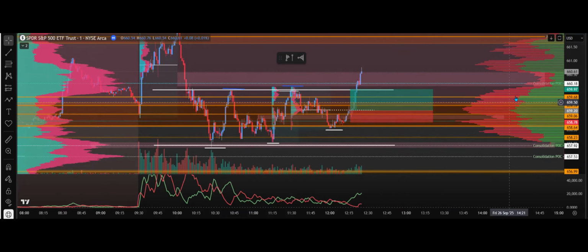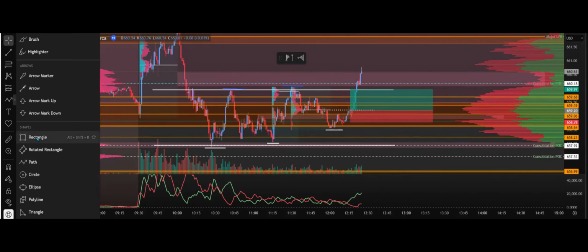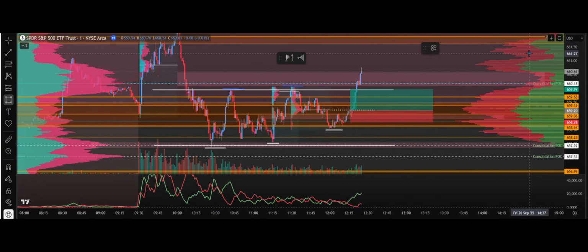So definitely be a little cautious if you get back into a trade, and I'll show you where to get back into it. Draw out these low volume nodes and make sure that you're only taking the trade until it's giving you some resistance at one of these key levels.